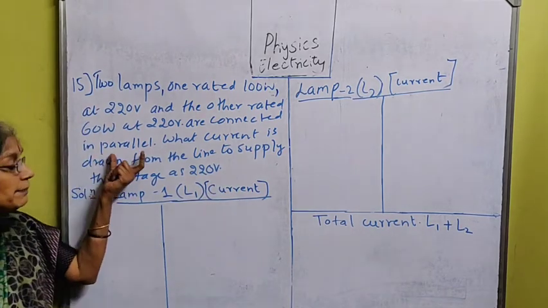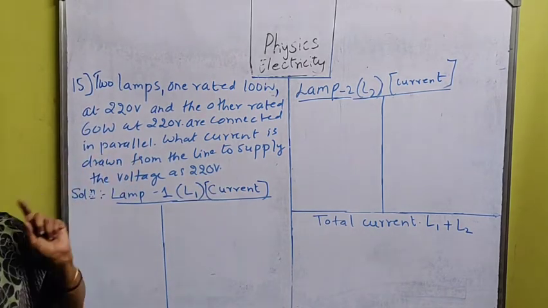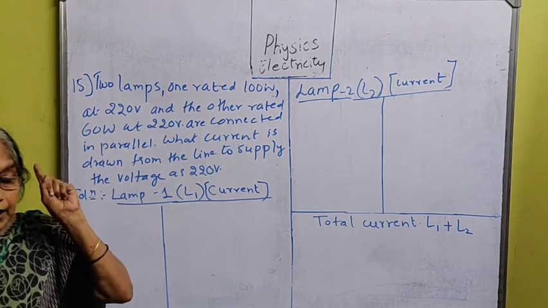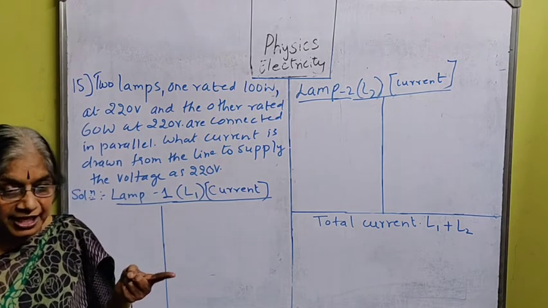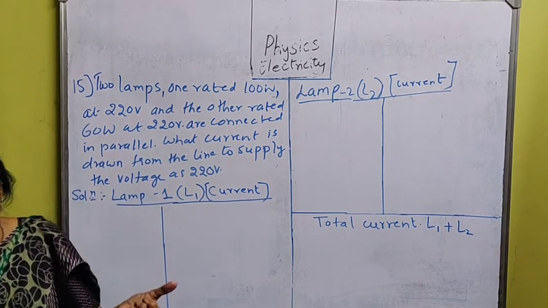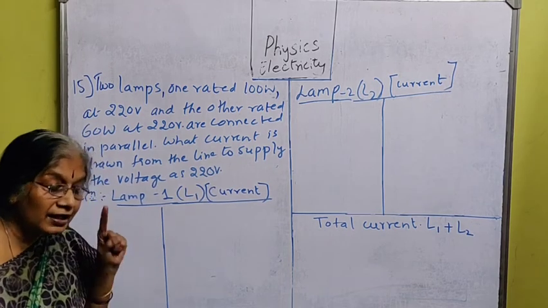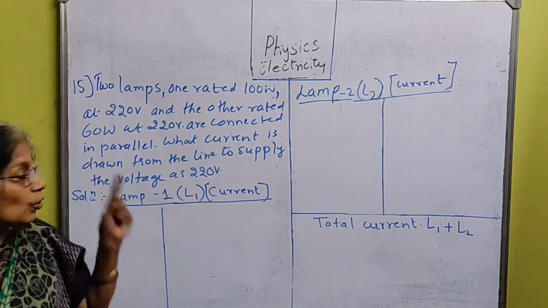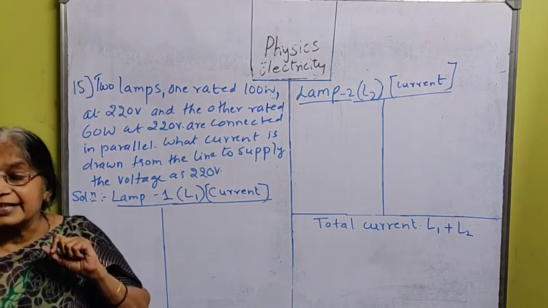Here one thing you have to keep in mind: when they are connected in parallel, the voltage will be the same. I have told you in a series connection, the current is same and voltage differs. In parallel connection, the voltage is same and current differs.